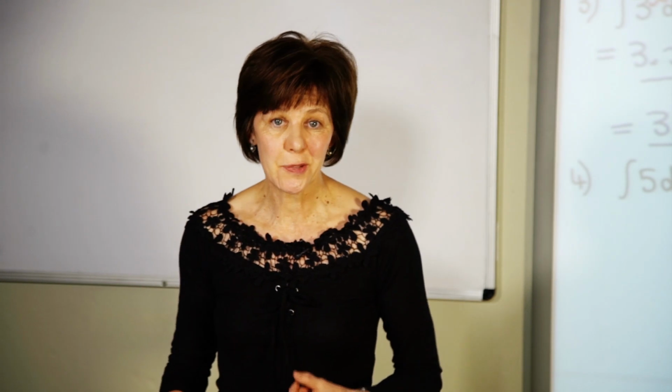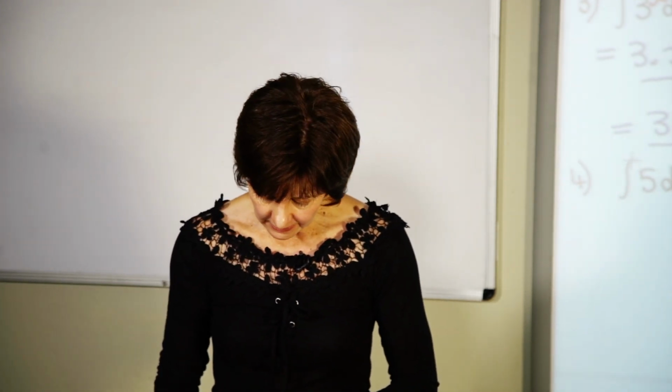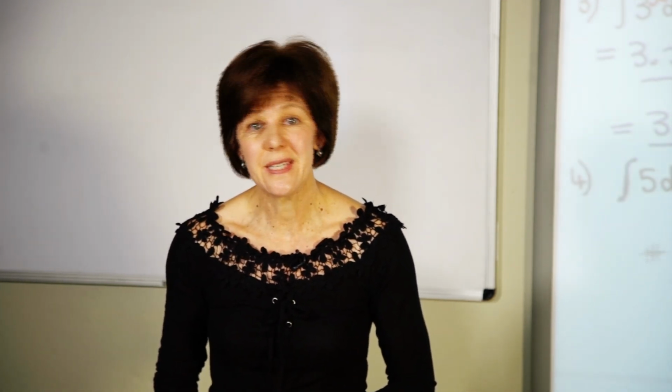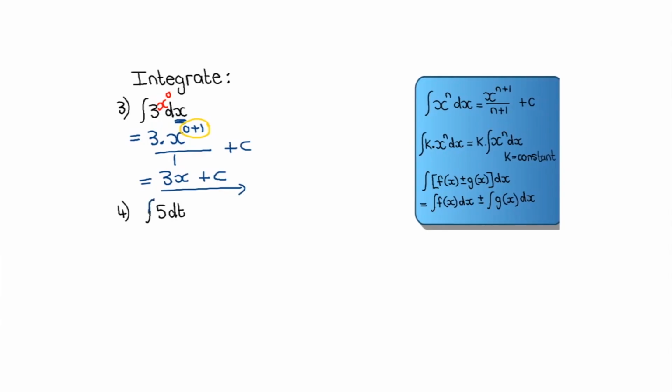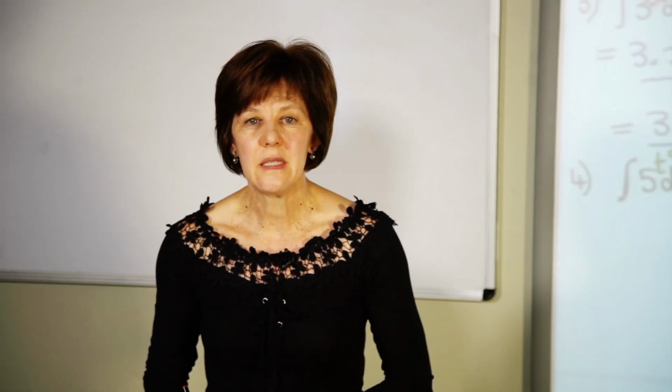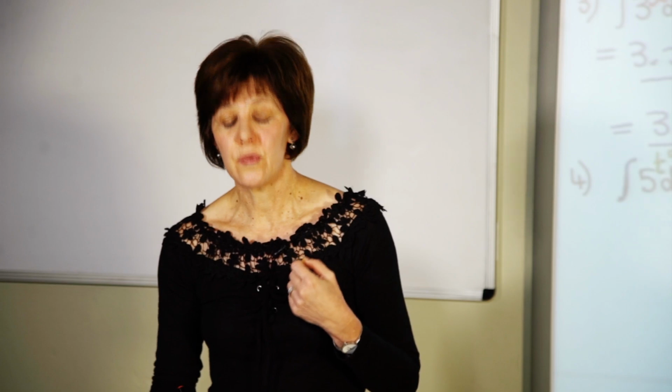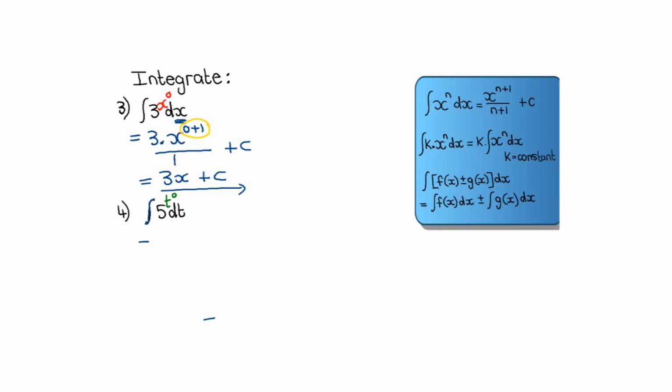If we look at the next one, it says I have to integrate 5 dt. So now the unknown that I actually have next to the 5 is t to the power 0. Since I'm working in terms of t, I've got a t to the power 0.